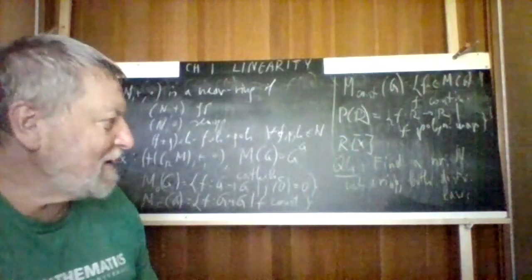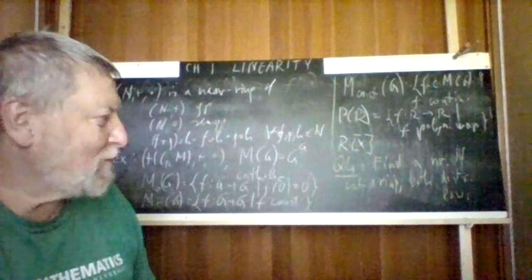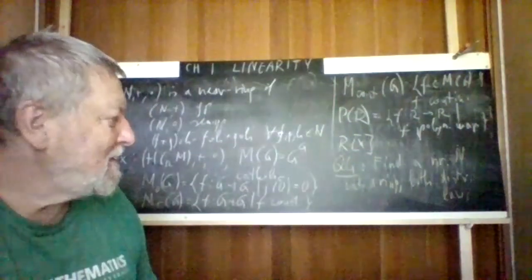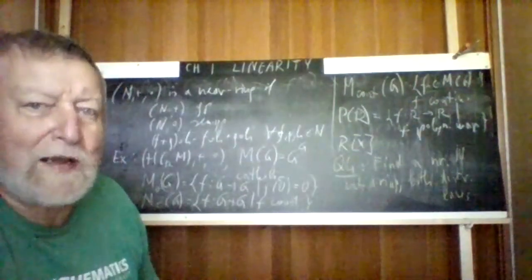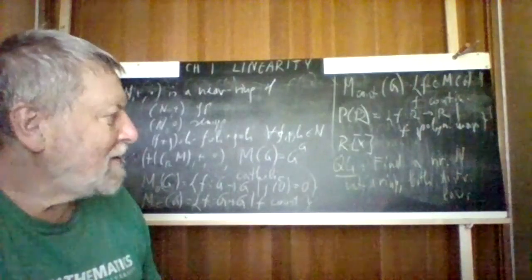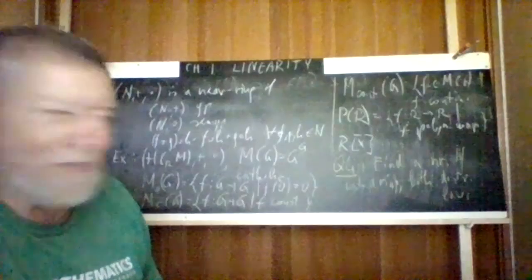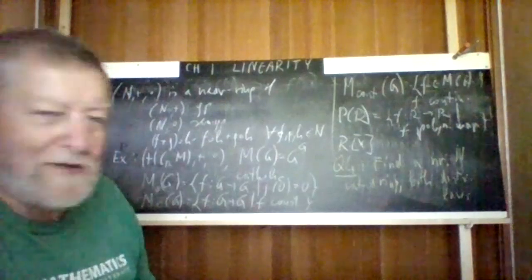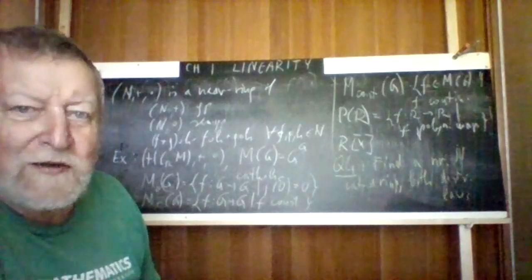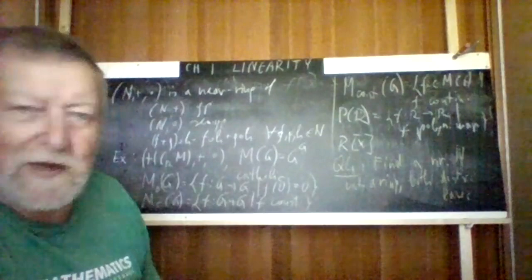So find a nearring N with both distributive laws, which is not a ring. These nearrings are called distributive nearrings, naturally, and maybe they are rather hard to find, maybe not, and it's a good idea to look for an example of this.